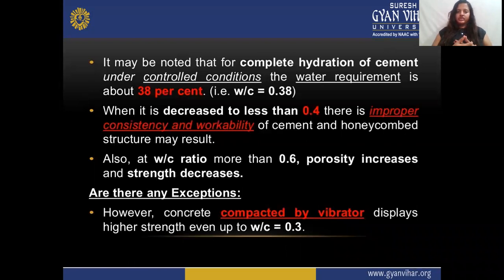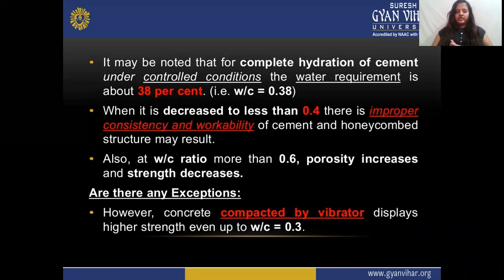It may be noted that for complete hydration of cement under controlled condition, the water requirement is about 38%, which is equal to 0.38.